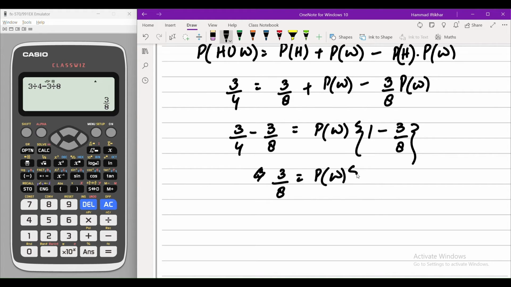Probability of W is 1 minus 3 by 8, that's going to be 5 over 8. So as you can see, 8 gets cancelled, and probability of W is simply 3 by 5.